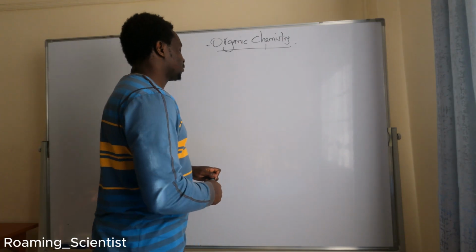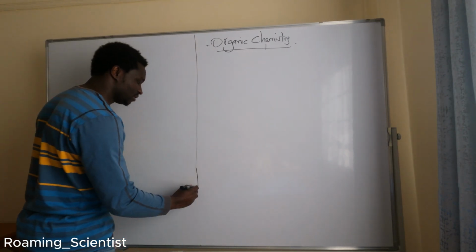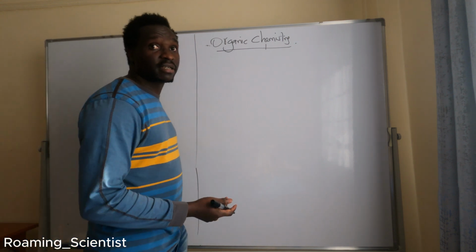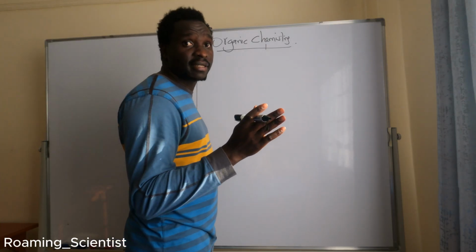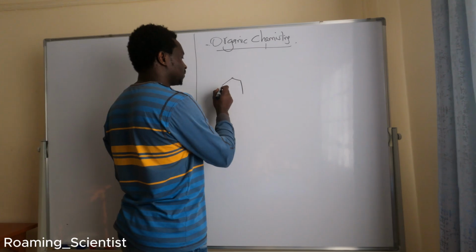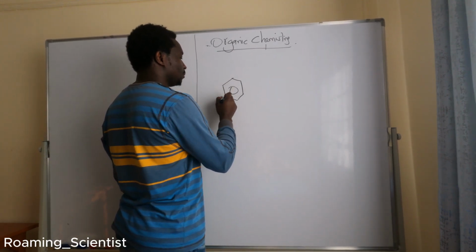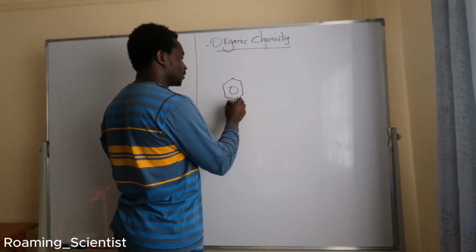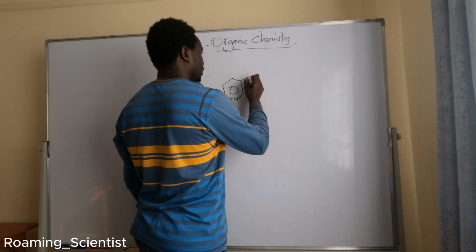Nicotine is found in tobacco. There are cigarettes sold everywhere in the world, people smoking, and most of them don't know what they are smoking. Now this is the structure of nicotine. So that is saturated with the nitrogen there.